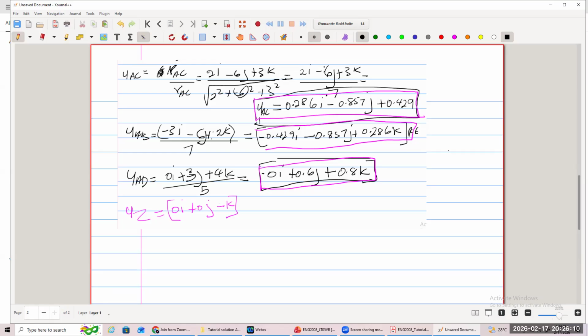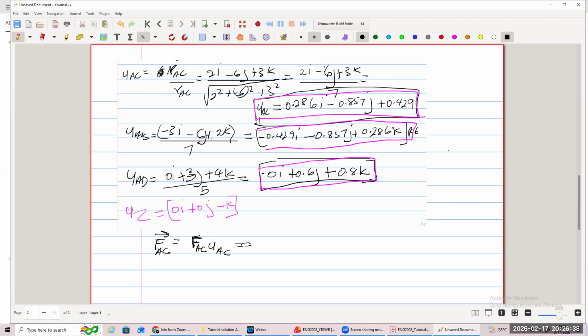For the first one, A going to C, your force would be F_AC equal to the scalar value of AC times its unit vector AC. Remember, this is a scalar.